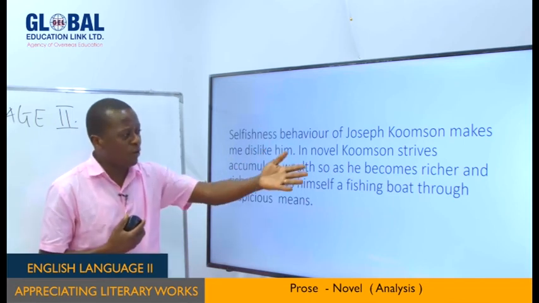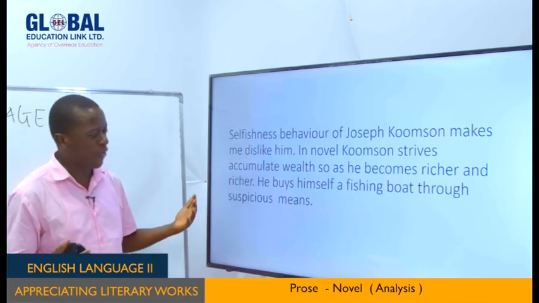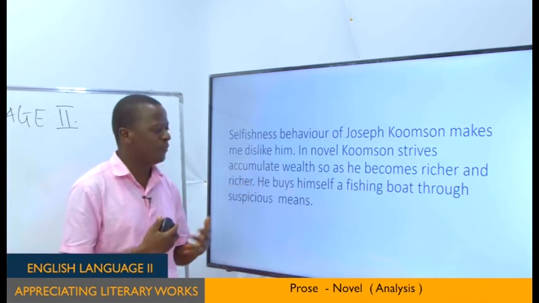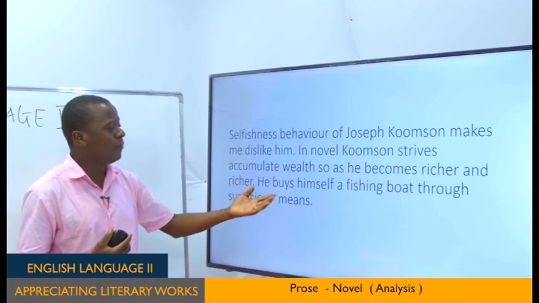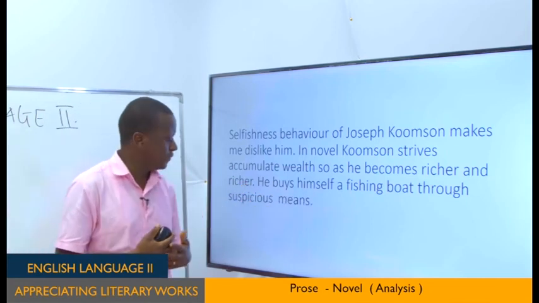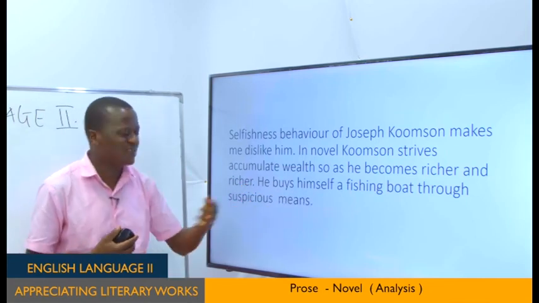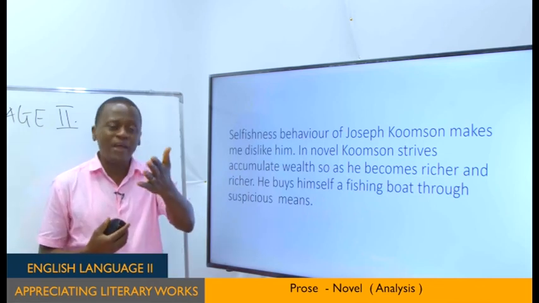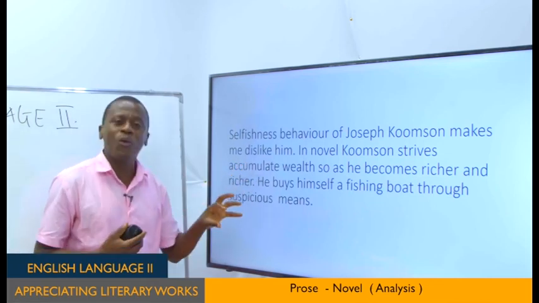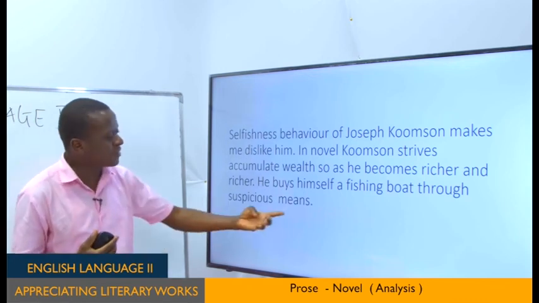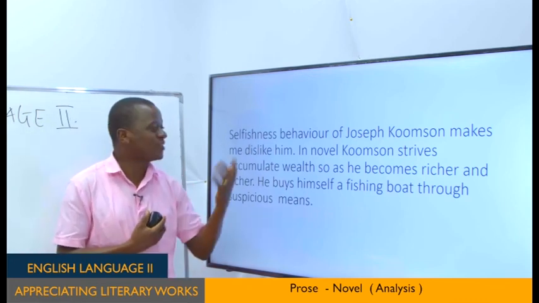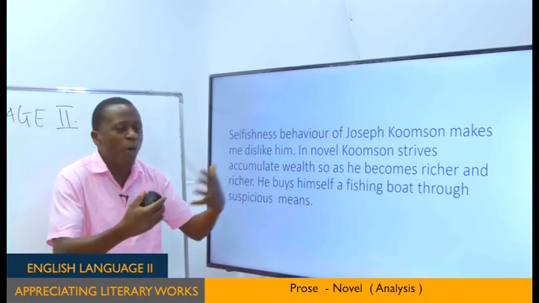He always, in the novel, strives to accumulate wealth so that he becomes richer and richer. As we have seen, he buys himself a fishing boat through suspicious means. If you read the novel again, Joseph Thompson was just a harbor man, but he used suspicious means to become a minister, so as he continued accumulating more wealth.